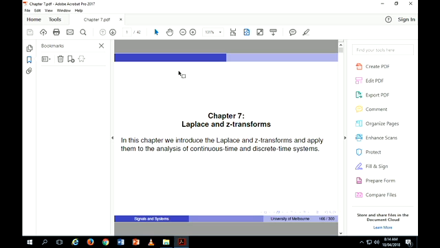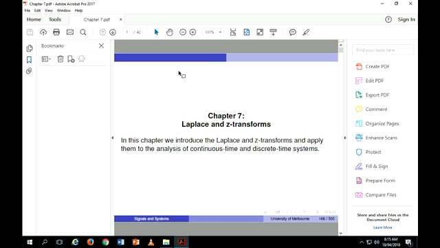And in order to make sure that, okay, my X(s), when I substitute s by jω, equals my X(ω), that indicates my sigma equals 0. So my sigma equals 0, and if it is within the domain of convergence, that indicates I substitute s by jω and I can get the Fourier transform.